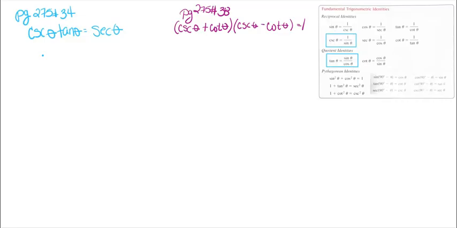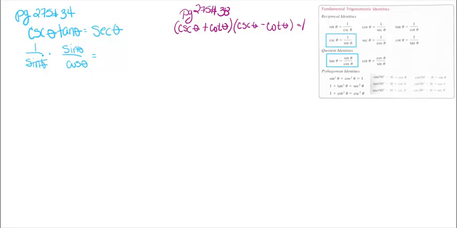Okay, I can rewrite cosecant theta as 1 over sine theta because of the reciprocal identity. I can rewrite tangent theta as sine theta over cosine theta because of the quotient identity. Now, here I've got 1 over sine times sine over cosine.